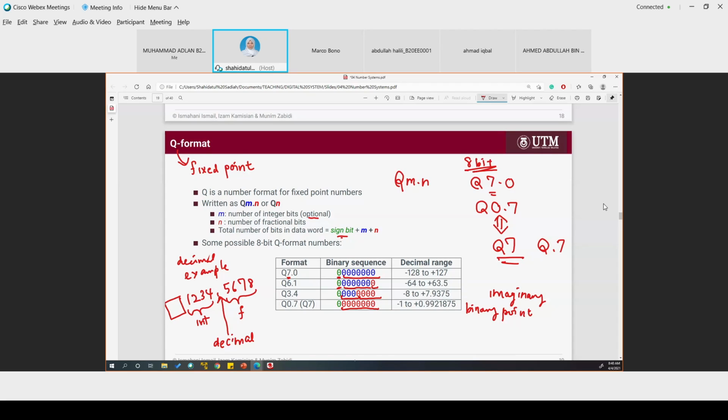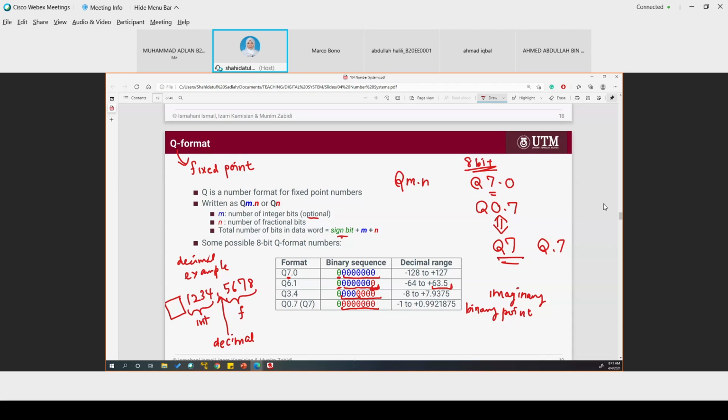And for the Q61, the range is smaller here, but we can have a more precise range, with 0.5 value, because we have a 1-bit fraction here.